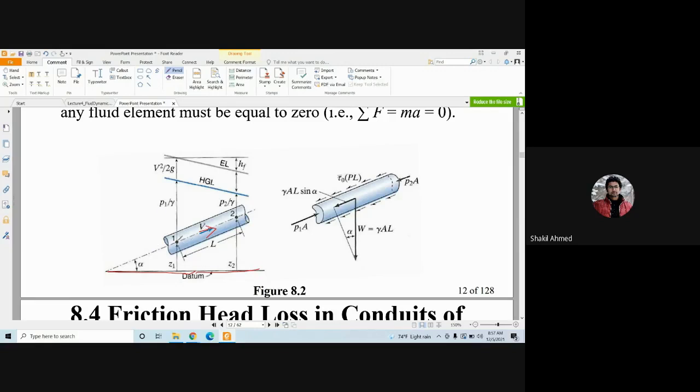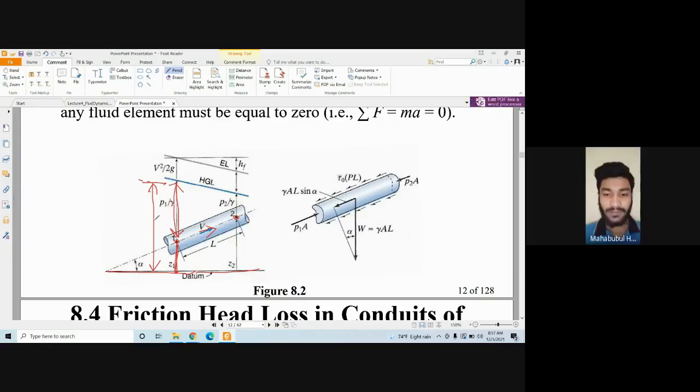This is point 1, this is point 2. This is the static head Z1 plus P1 by gamma. Are you following me, guys? And for this point, this is Z2, and then this is P2 by gamma. So this is the static head here.